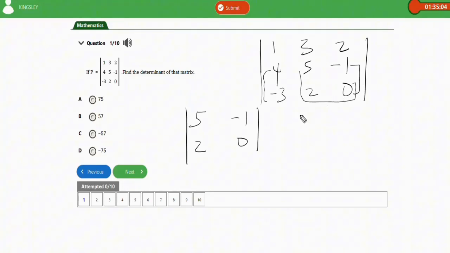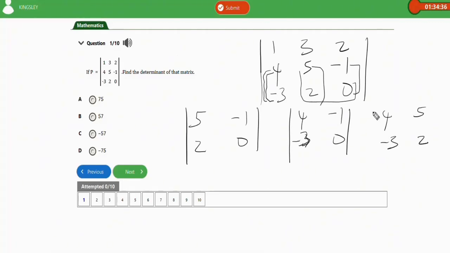It is going to be 4, -1, -3, this is 3, guys, and 0. Okay, then lastly you take this 4 and -3 again and take these 2 and 5. So it's going to be 4, 5, -3, and 2.